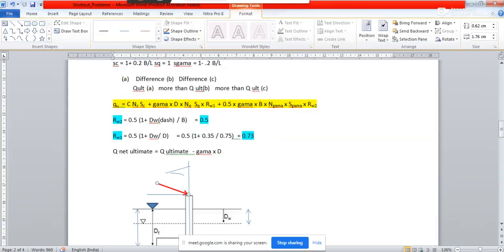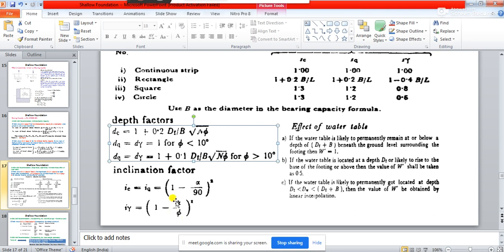So if the horizontal inclination is 30 degree, then the vertical inclination of the load will be 90 degree minus 30 degree, so it will be equal to 60 degree. That way you will have to put the value. Is it clear?